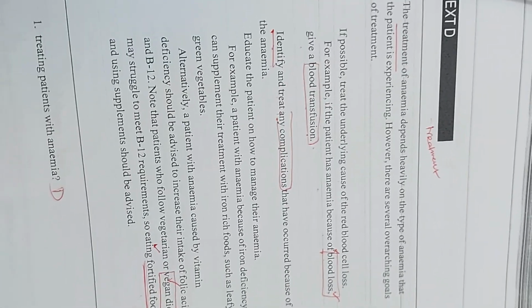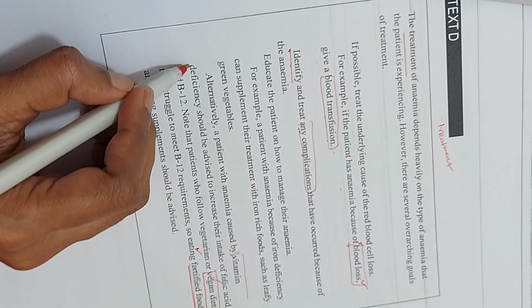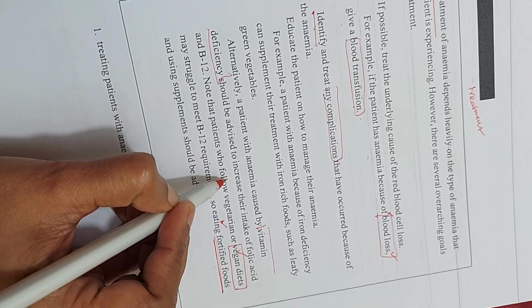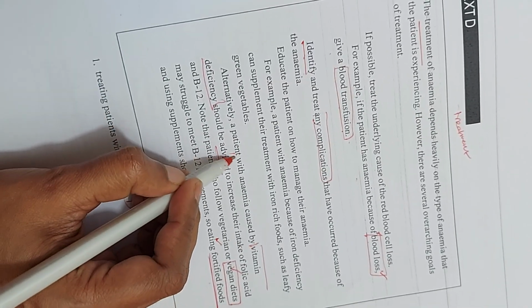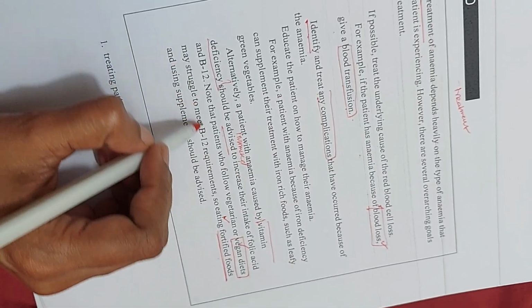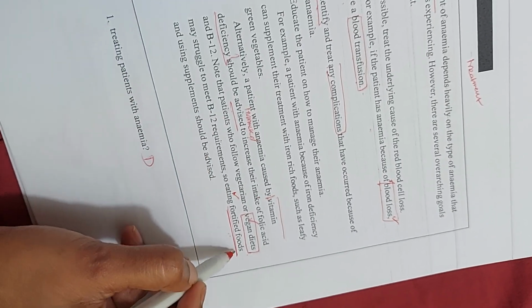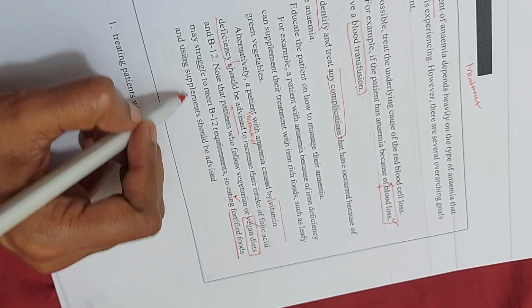So this question also we have already seen, but anyway, let me go through the content. A patient with anemia caused by vitamin deficiency should be advised, given as instructed, to increase their intake of folic acid, and vegetarian or vegan diets need to increase eating fortified foods and using supplements.